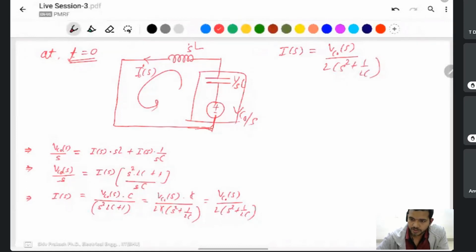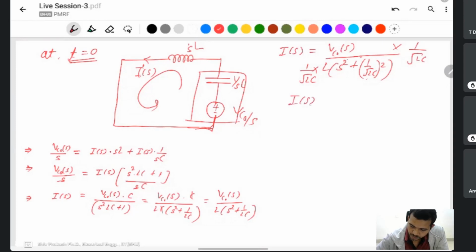To apply the inverse Laplace transform, arrange the quantity like this: take the root of LC, and divide and multiply by 1 over root LC.